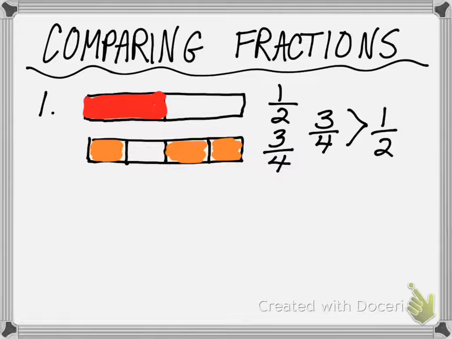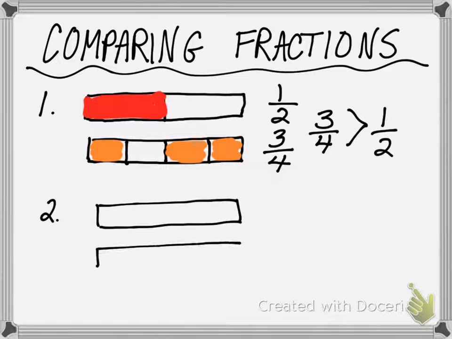All right, let's take a look at another one. Let's do number 2. And again, you're going to draw 2 long, skinny fraction strips. The first one we're going to divide into 3 equal sections.